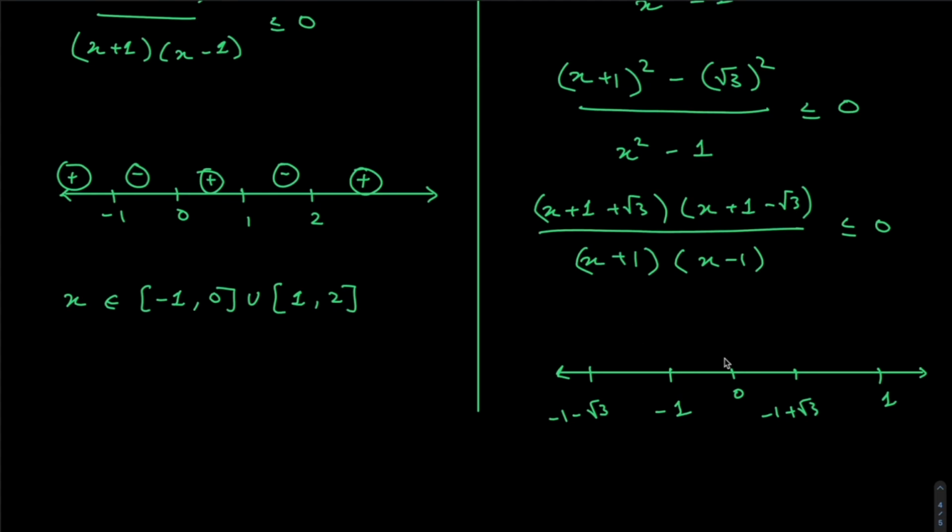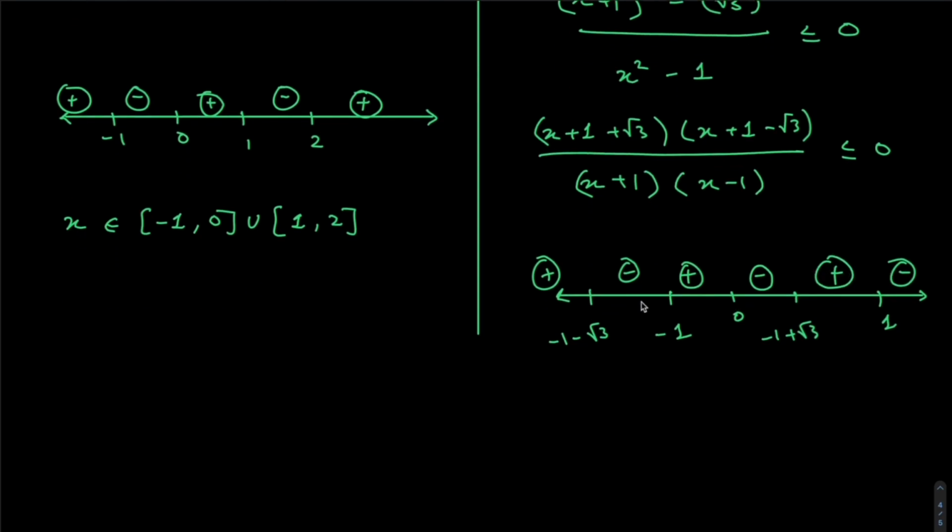Right. So now, if I take different values, I'm going to get positive, negative, positive, negative, positive, negative. So this also has to be less than 0. So the values of x that I can take are basically inclusive -1 minus square root of 3 to -1, union, let me just make this part clear a little bit.